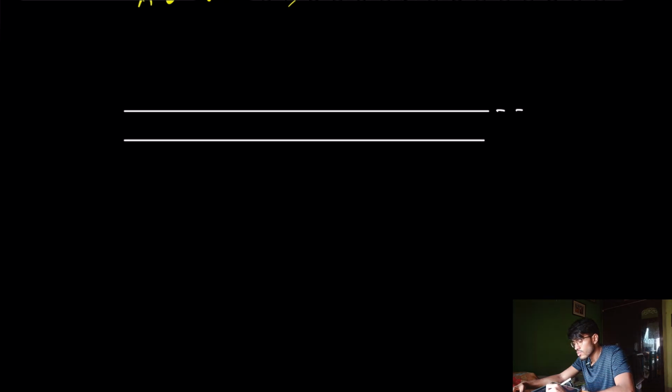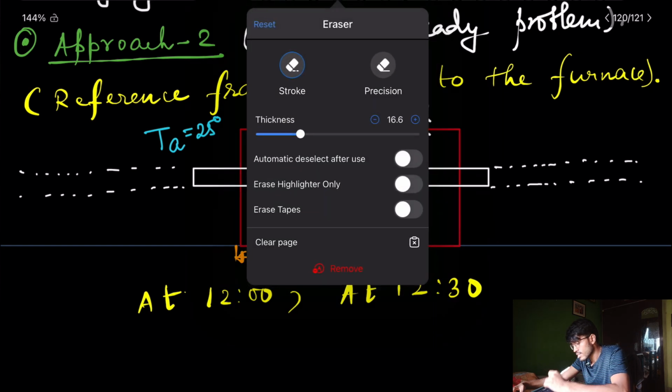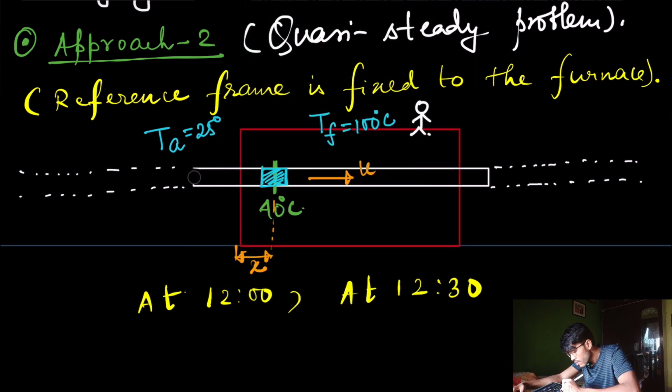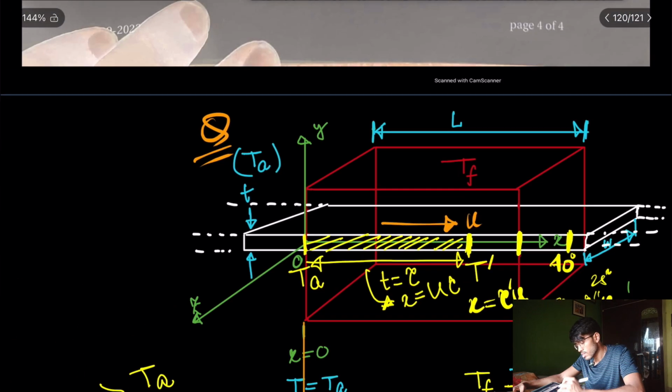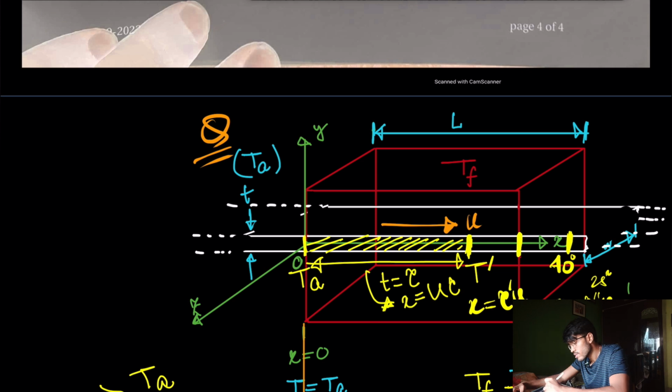This is an infinite sheet, and I should remove this part, then it looks like an infinite sheet. From this diagram also, if I remove these parts, then it will look like this.